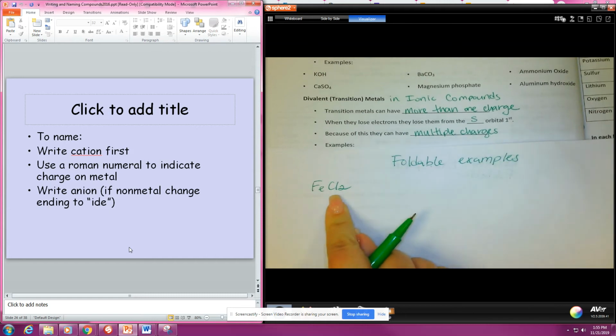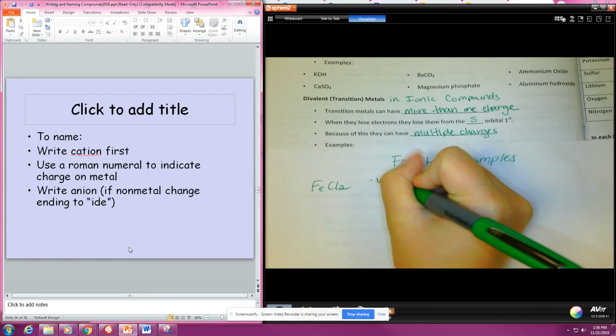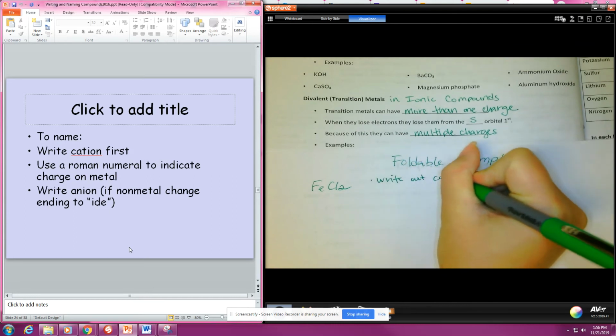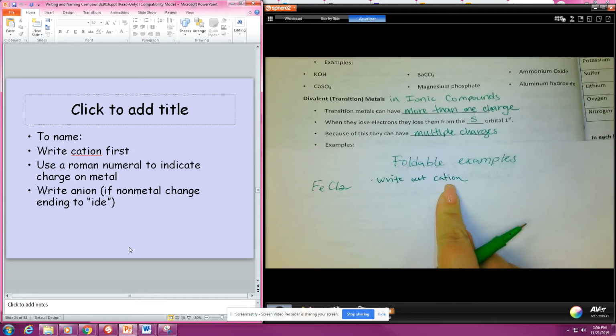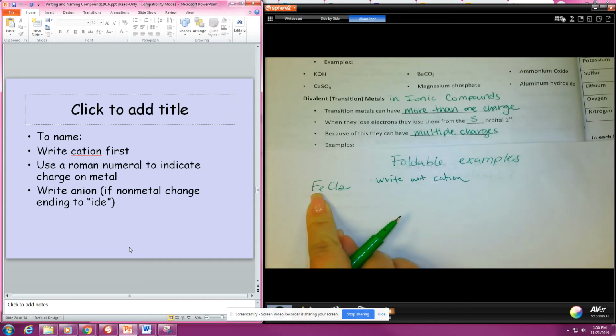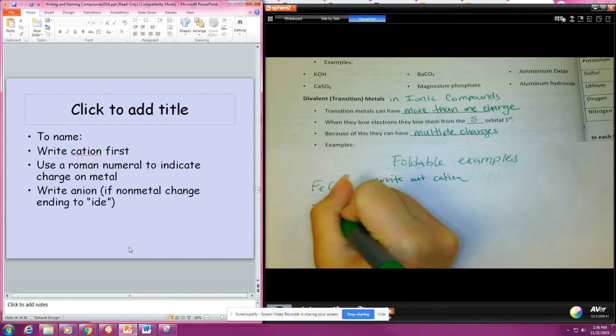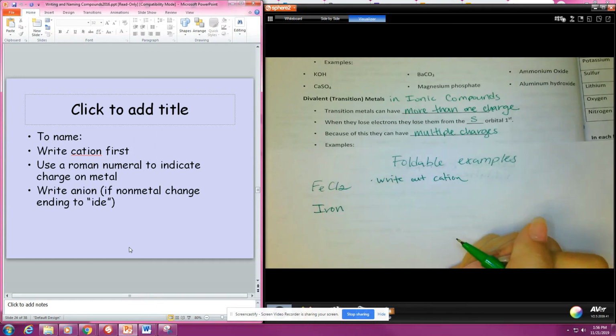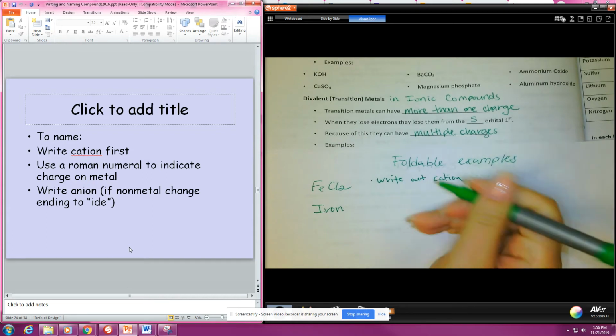I'm going to work with this example. So write out cation. Remember, the cation has a positive charge, and it is always the first element. So Fe is iron. Use a Roman numeral to indicate the charge on the metal.